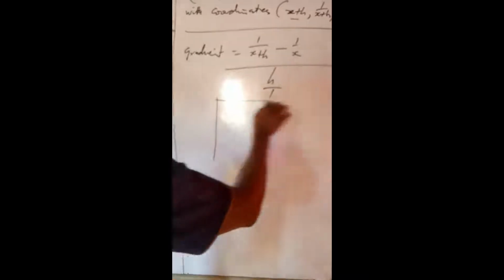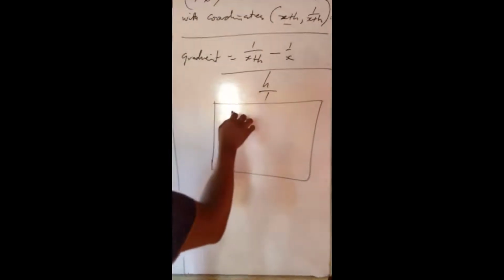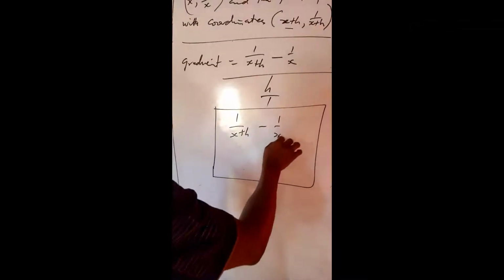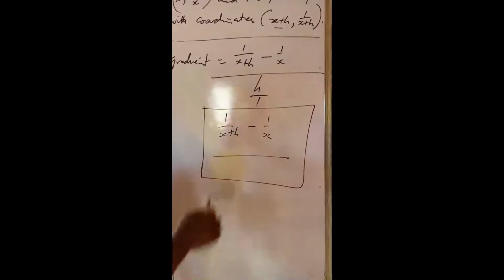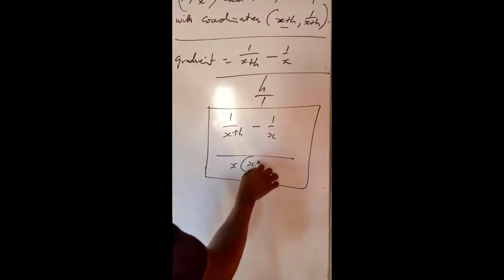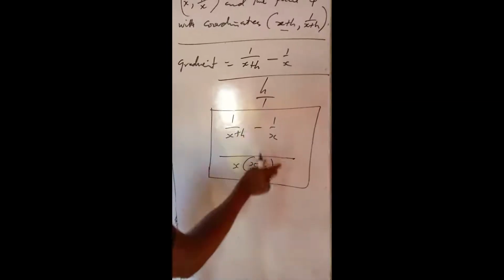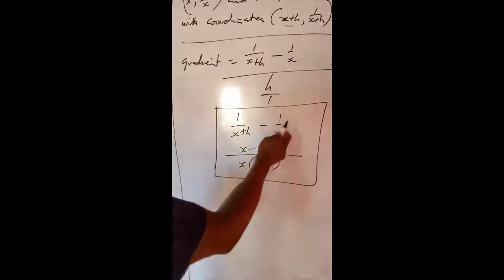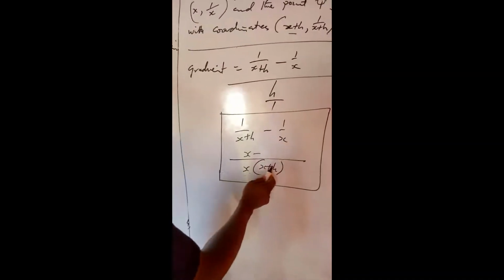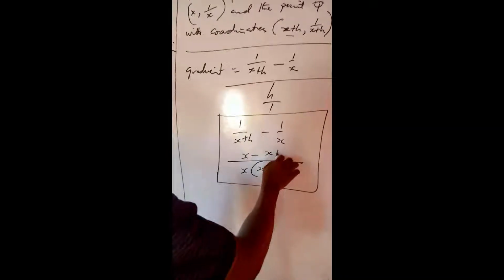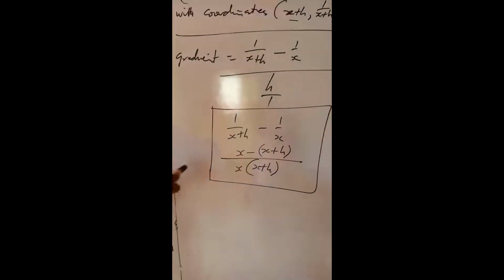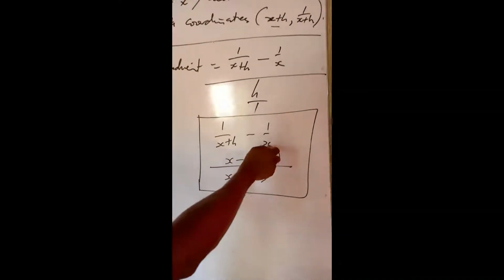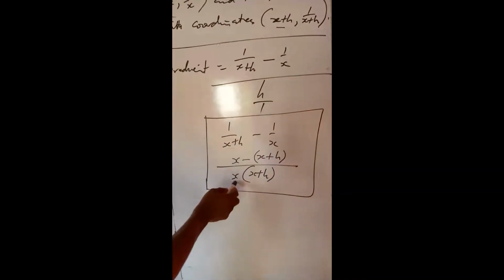We are treating the upper one, which is 1 all over x plus h, minus 1 over x. Use your LCM. It's simply x into x plus h. This will cancel this, which means you have x times 1 become x. Put your minus sign there. This will cancel this, which means you are going to have x plus h. So you have these answers coming up, because this x will go with this.